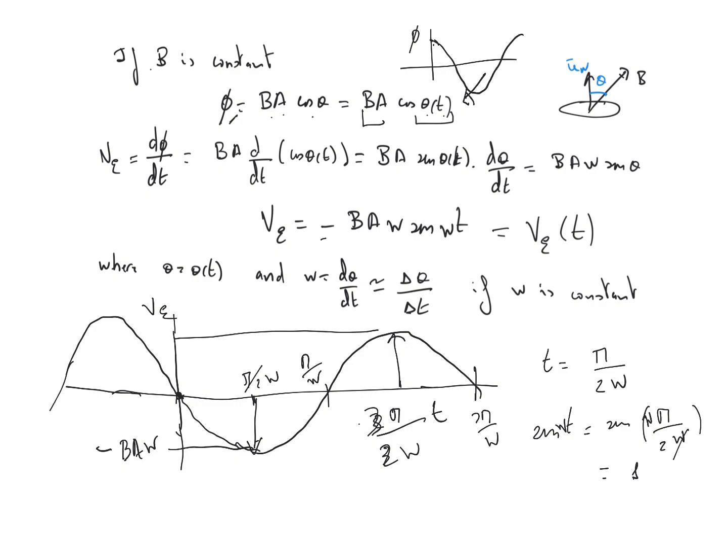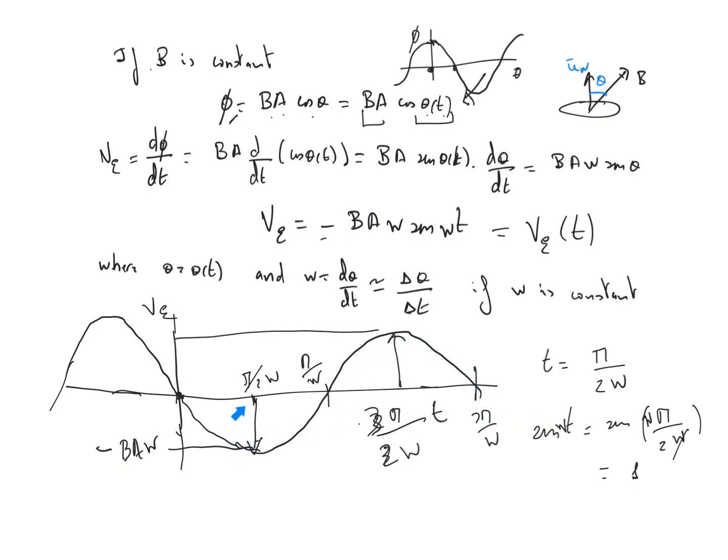When theta is 0 it is maximum, when theta is pi over 2 it is 0, etc. So the flux goes like this with the angle theta. But what we are graphing here now is not the flux, it is the change of the flux, and the change of the flux goes like this. This is the graph of the change of the flux.